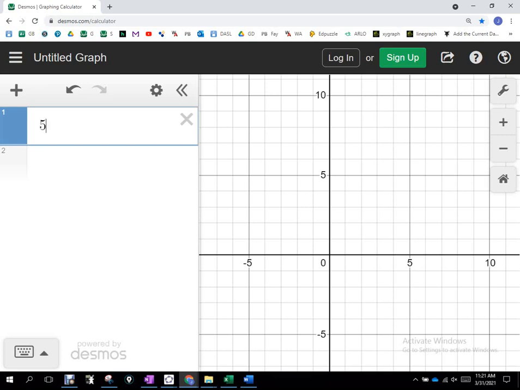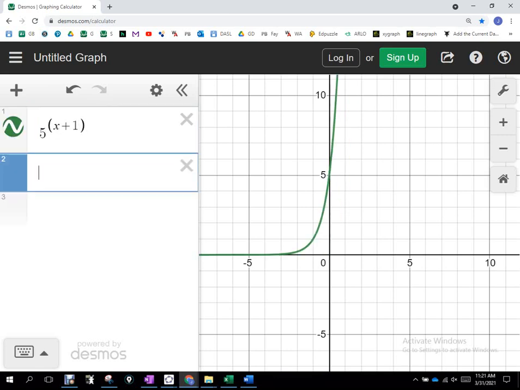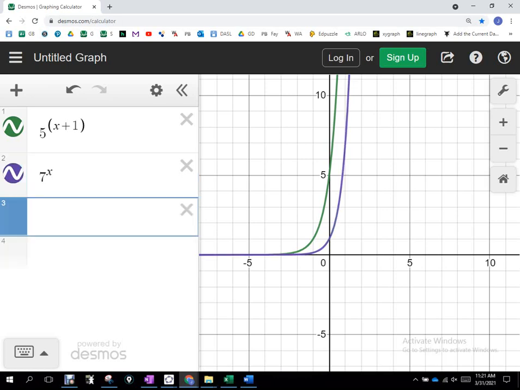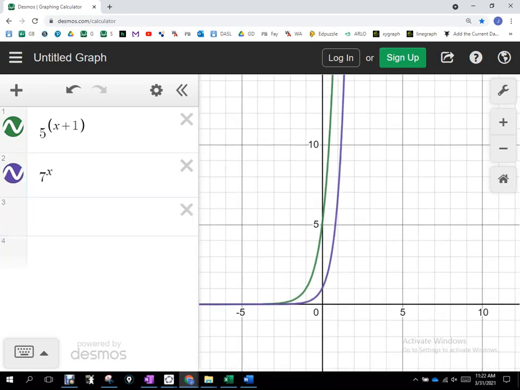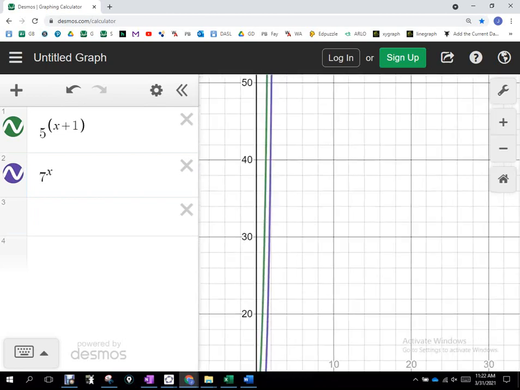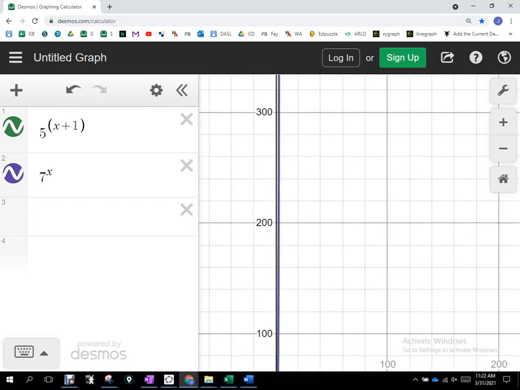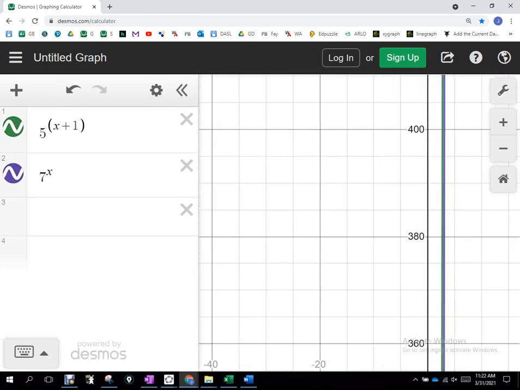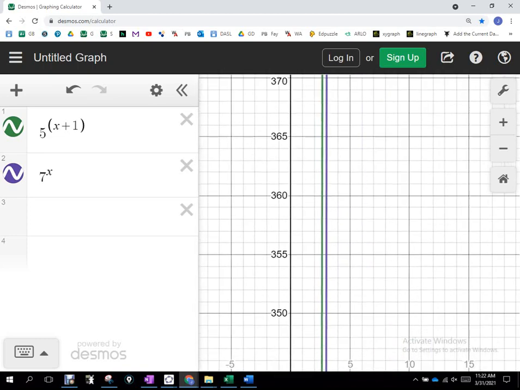Can I always go 5 raised to the x plus 1 and 7 raised to the x? Okay, and then when I got to find where they cross, it might be hard with these exponentials. I might zoom out quite a bit to see where they cross.